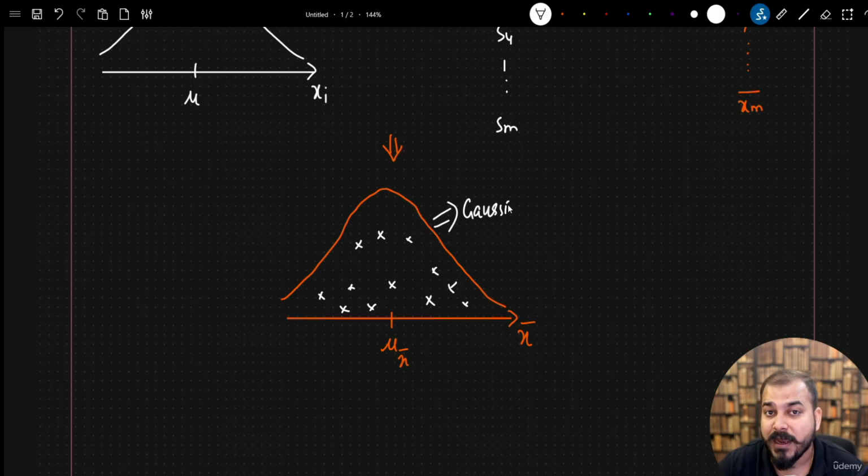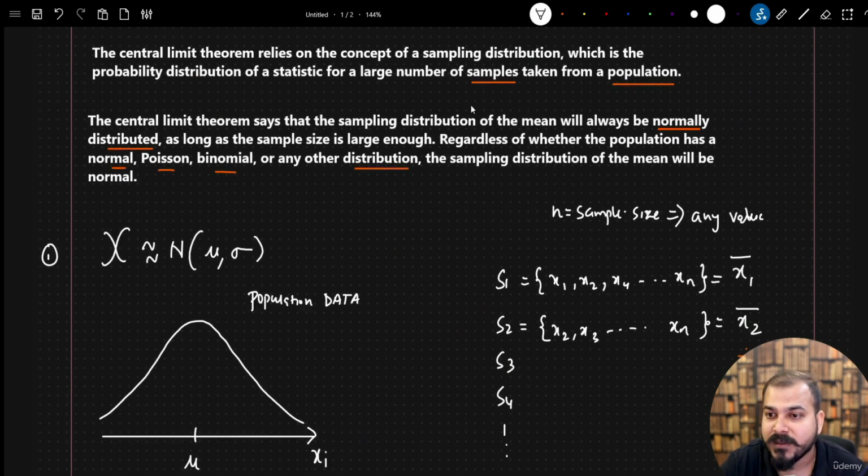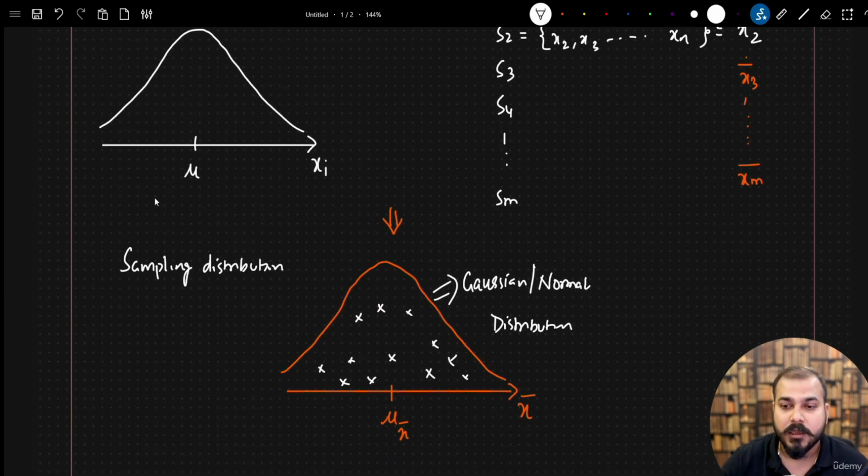I'll not say probably, it will definitely follow a Gaussian distribution. This is the sampling distribution of the mean, and this is what the central limit theorem says.